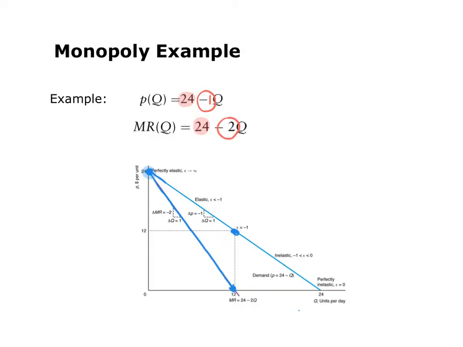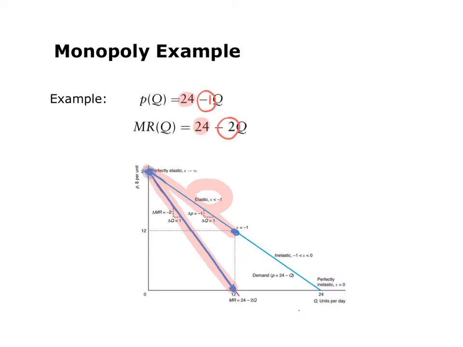Now we can see from this graph what we saw on the previous slide from the equation, and that is when demand is elastic, the upward half of a linear demand, marginal revenue is positive.